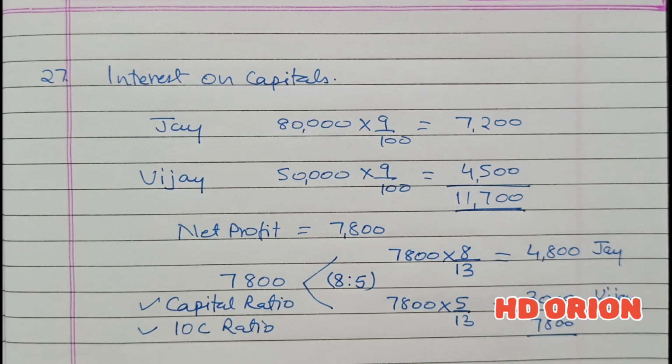Whenever the net profit is less than the required amount of interest on capital, then the net profit is to be distributed to the partners in their capital ratio or interest on capital ratio.